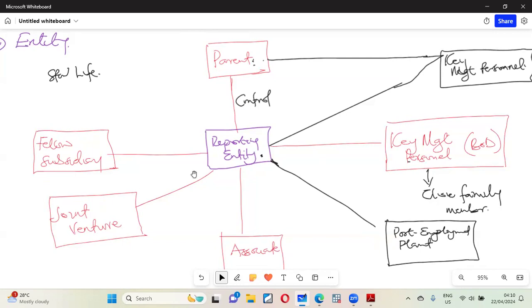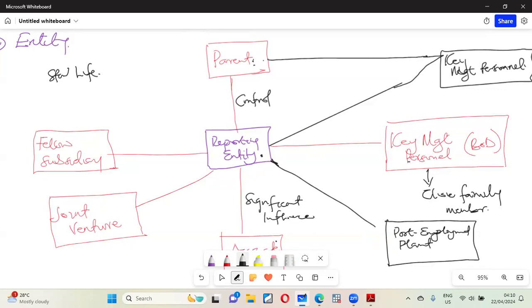Then we talk about the fact that this is the example I was trying to give. Okay, before that, we have associates. All right, if you are an associate, why? Because there is significant influence. All right, so that is that.